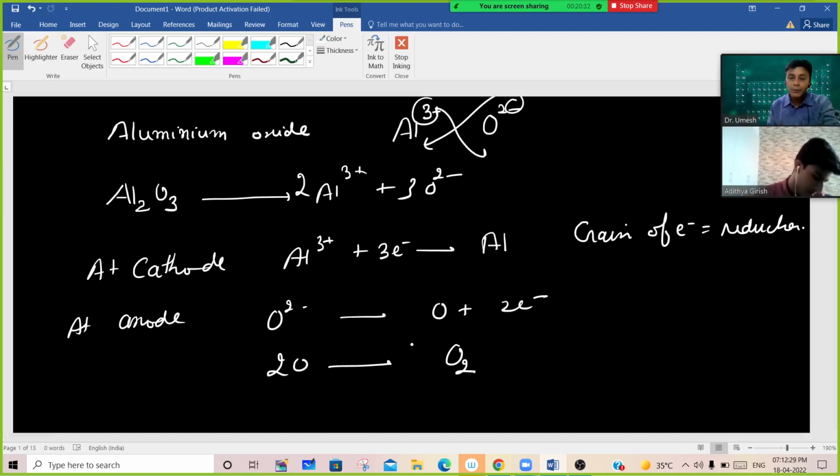It means at the anode, oxygen will be liberated, and at the cathode, aluminium will be liberated. Done. Understood?